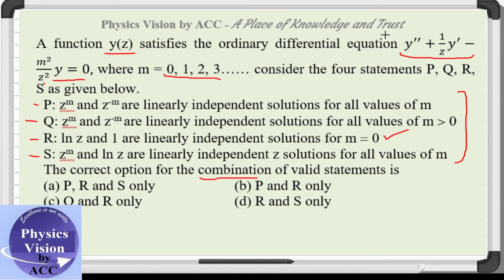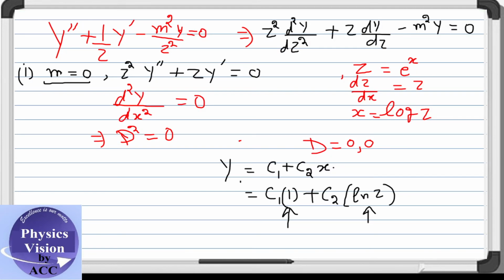Fine. So let's do it for m not equal to 0. When m is not equal to 0, the equation is z square y double dash plus z y dash minus m square y is equal to 0.